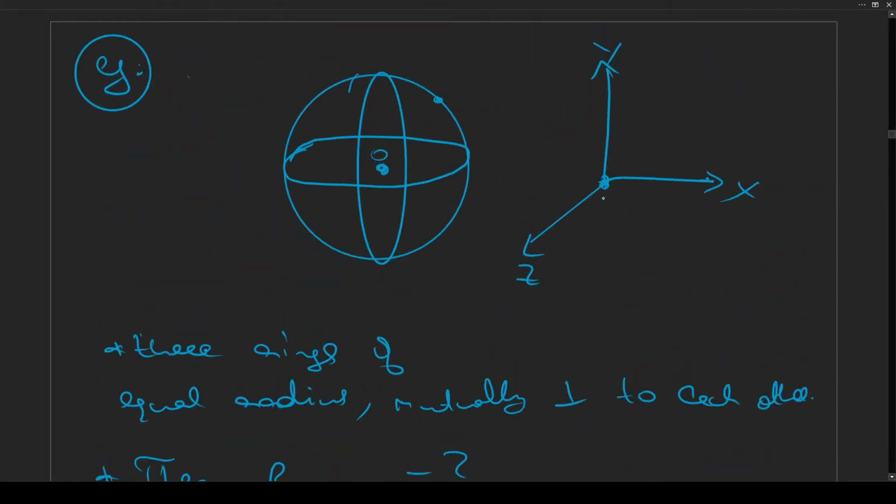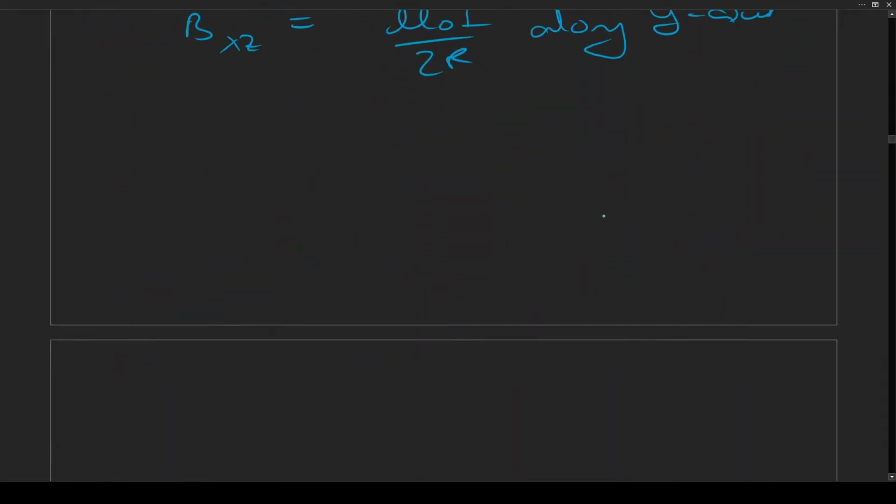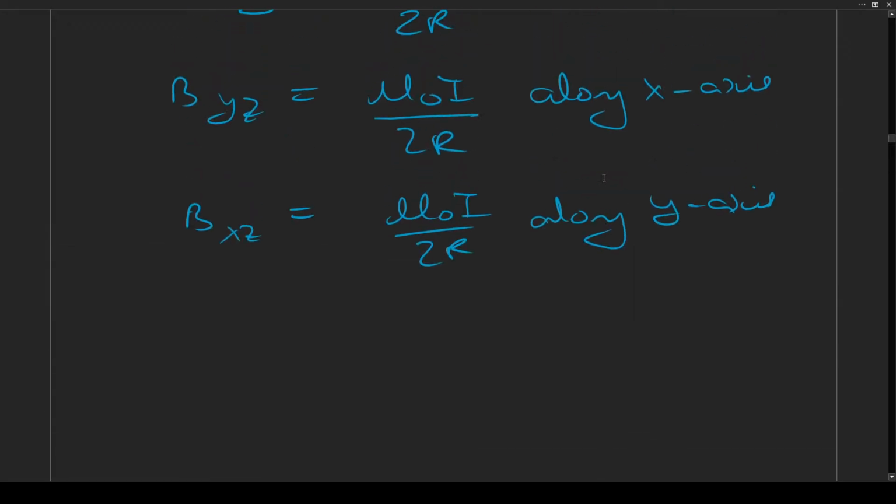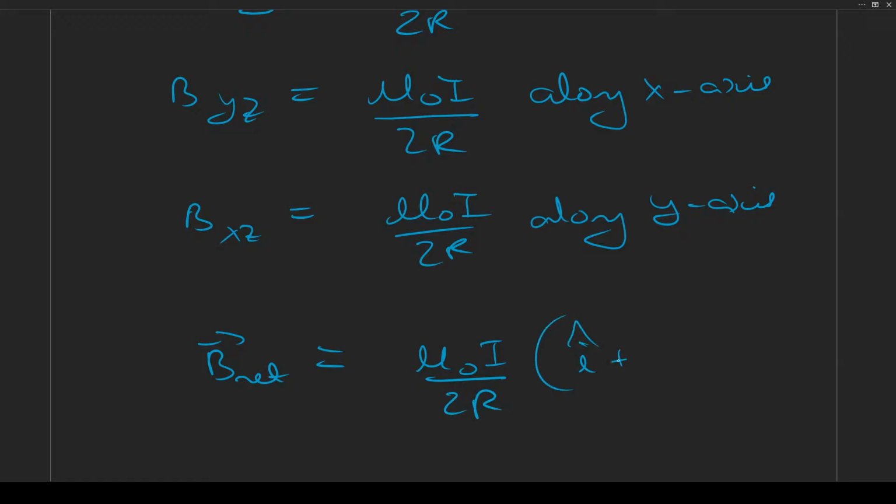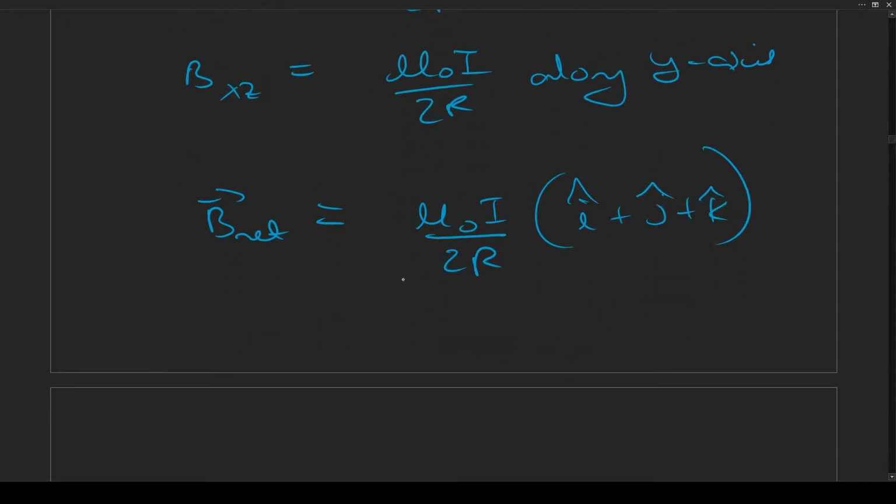It's acting along all directions, this direction as well as this direction. So B net vector should be equal to mu naught I by 2R (i cap plus j cap plus k cap). And magnitude wise, which is equal to root 3 mu naught I by 2R.